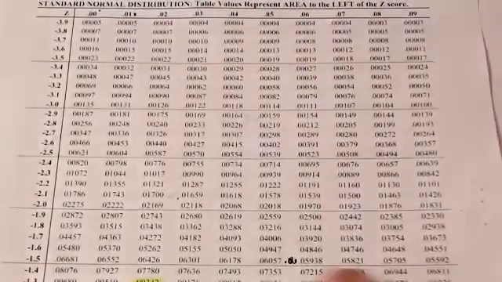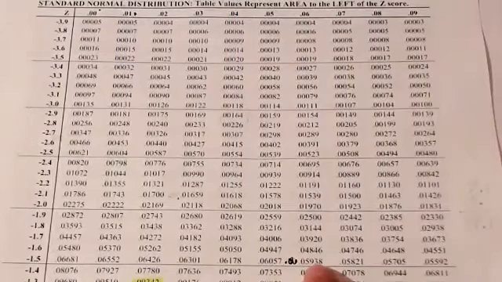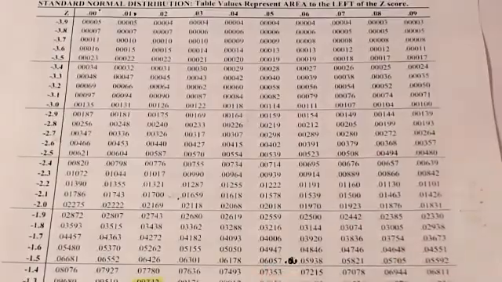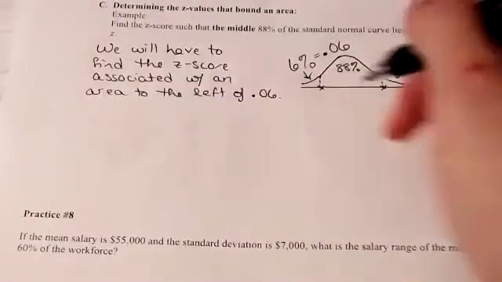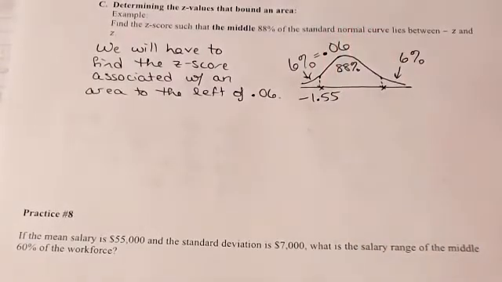When you do the math to see which one it is closest to, you'll see that it's actually closer to negative 1.55. Yes, Nick, exactly. So it's closer to a value of negative 1.55.